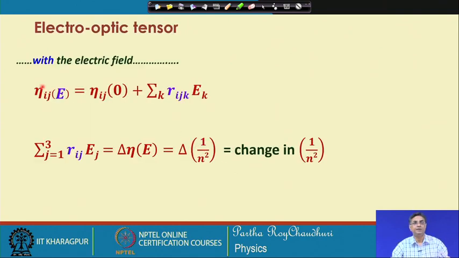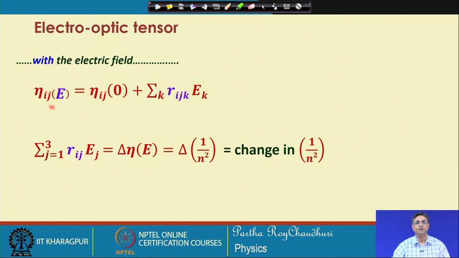With the electric field, we have seen that in terms of the impermeability tensor, the impermeability in presence of electric field is equal to the impermeability in absence of electric field plus this Pockels coefficient multiplied by this electric field.